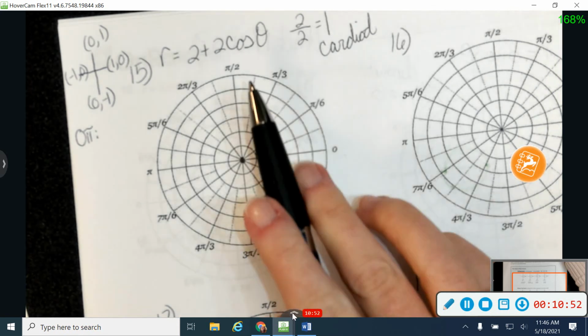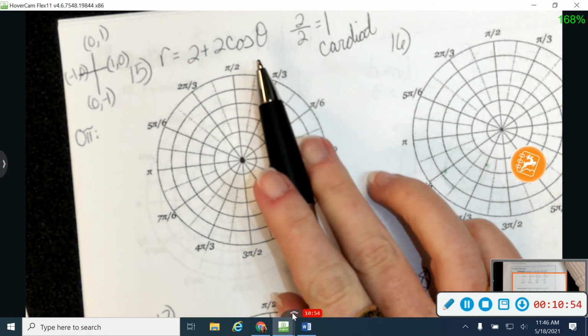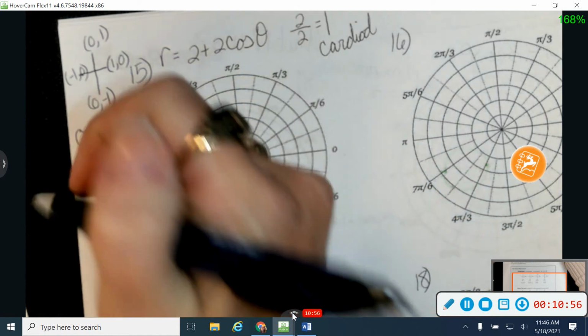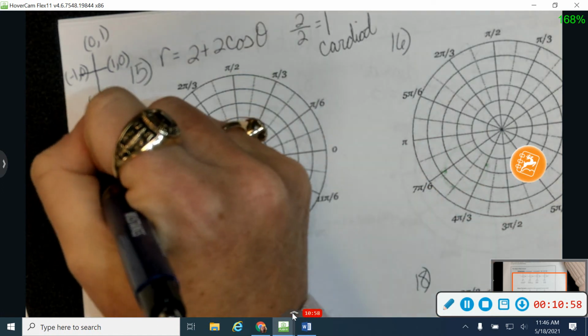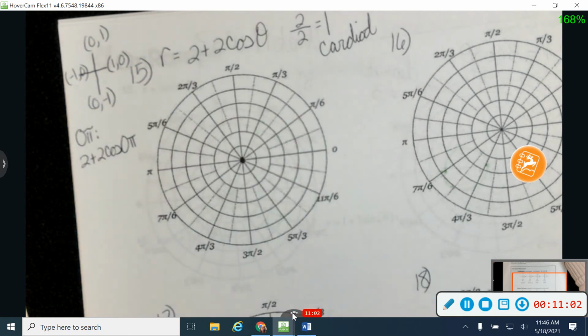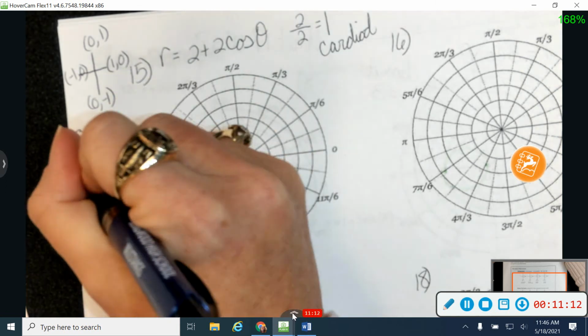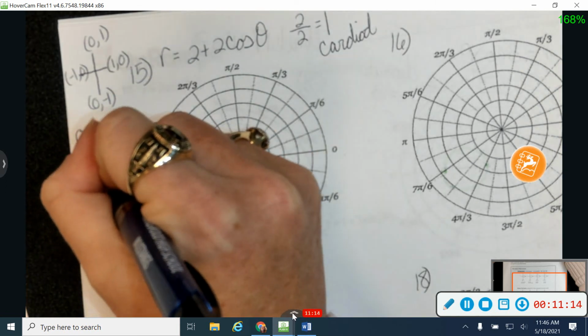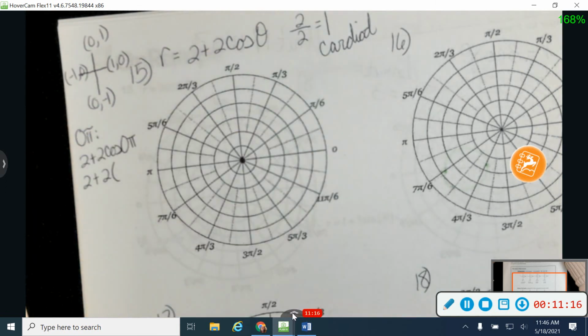If I plug in 0 pi over here, I'm going to have 2 plus 2 times the cosine of 0 pi. Remember that cosine is x on your unit circle. So what is my cosine value at 0 pi? 1.